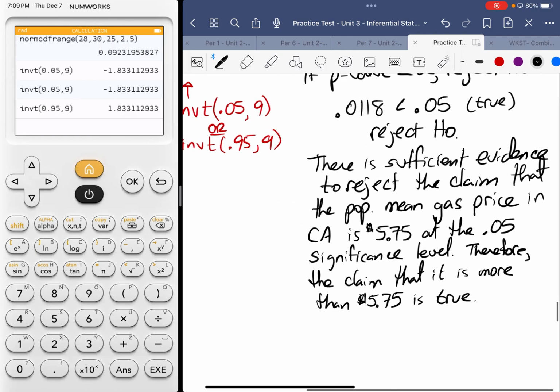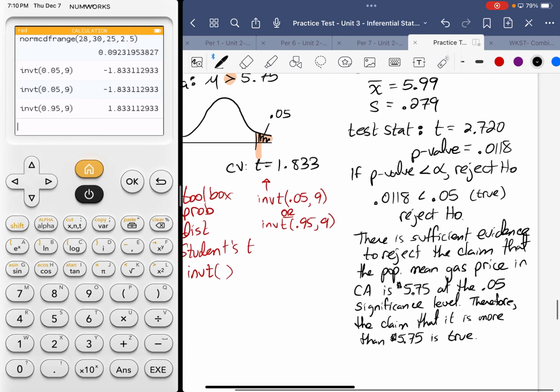All right. So there was enough evidence to get rid of the null. That's what the first sentence talks about. All the particulars, what the null is and what the alpha value is. The second sentence addresses the alternative hypothesis.